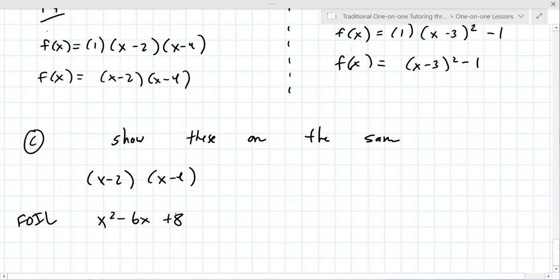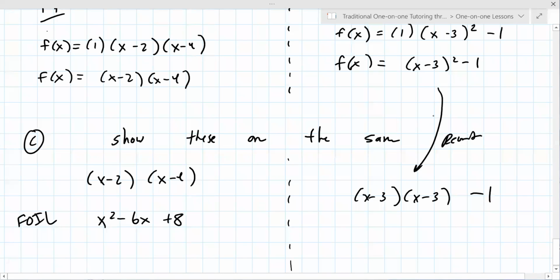Perfect. Now, on the right hand side, you have to be careful. You have to do a rewrite. So your rewrite is x minus 3, x minus 3, minus 1. If you do anything else besides this, you will not get the right answer. When you have a square here, you have to write it out as a pair.